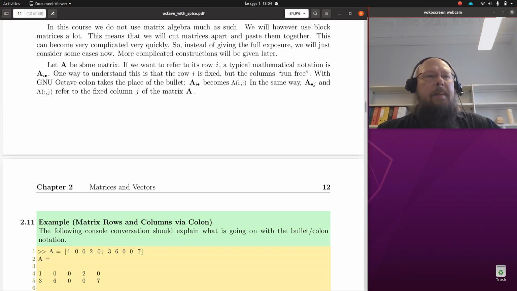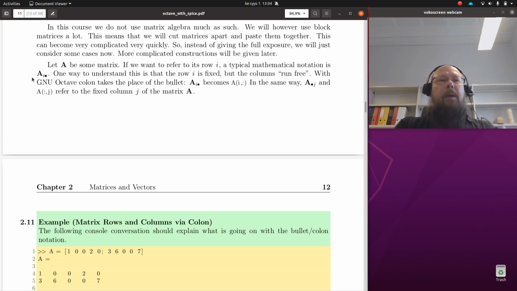So let A be some matrix, and it turns out that we want to refer to its rows and its columns. We would say that let this thing here be the ith row or column, and so we need a notation for this. What we have here is the so-called bullet notation, a typical mathematical notation.